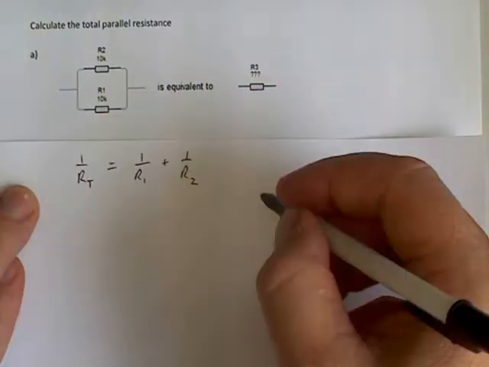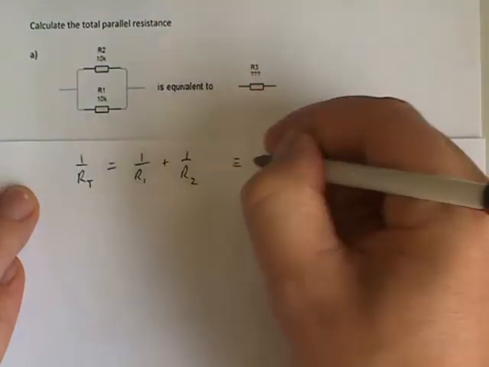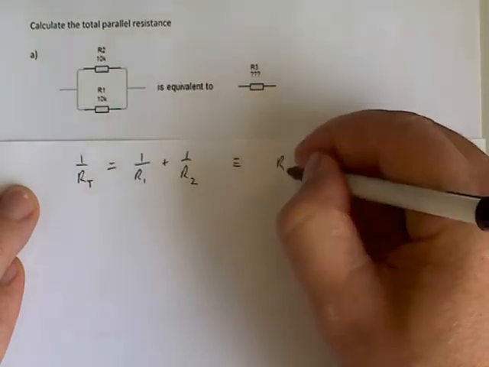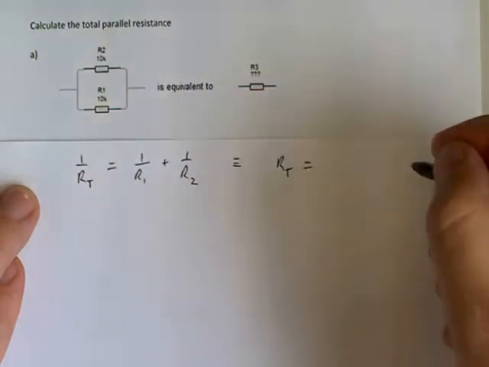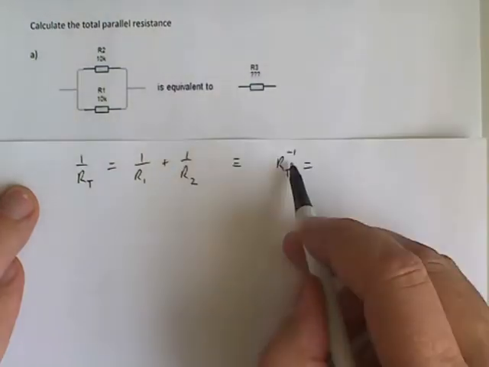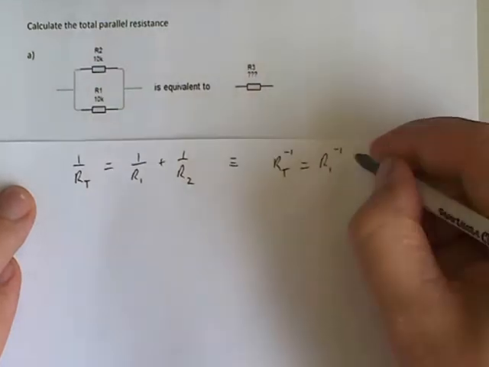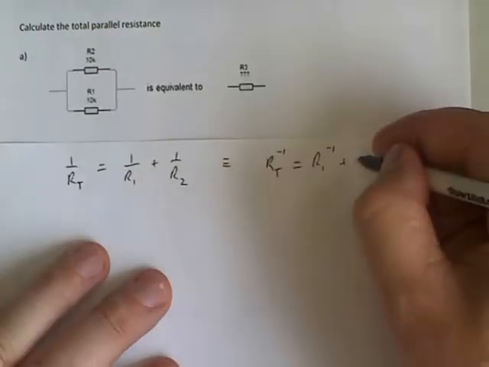A better way of writing this is, this is equivalent to saying RT is equal to the reciprocal, minus 1, of the reciprocal of R1 plus the reciprocal of R2.